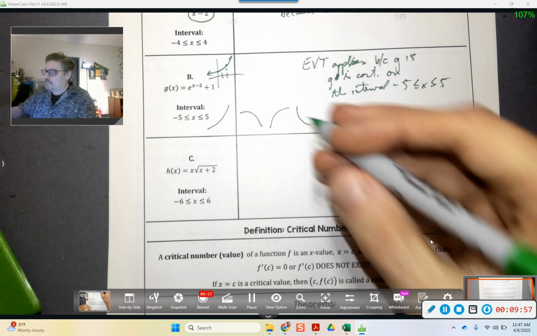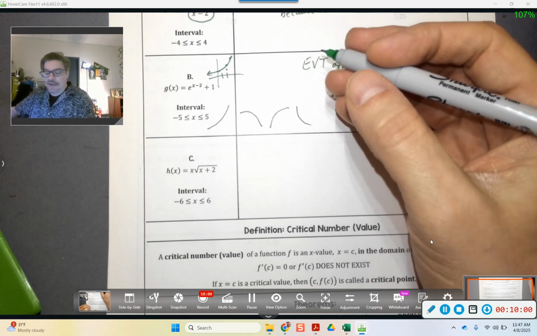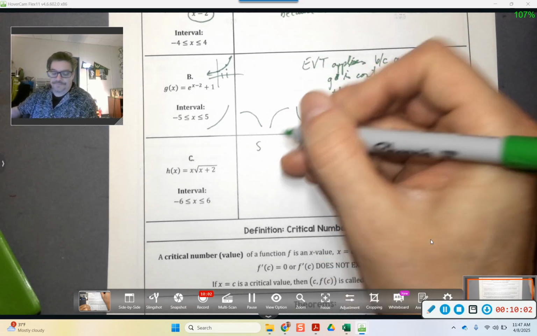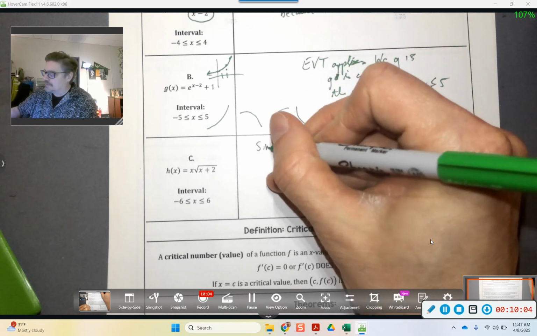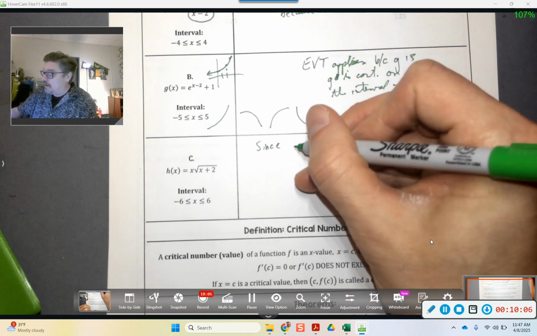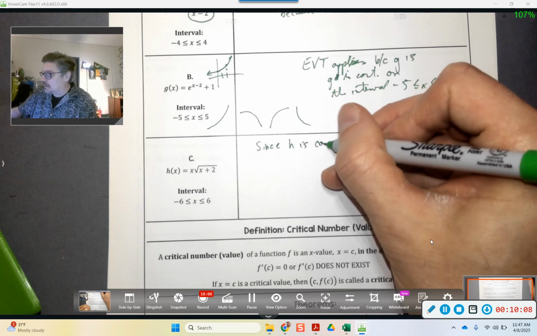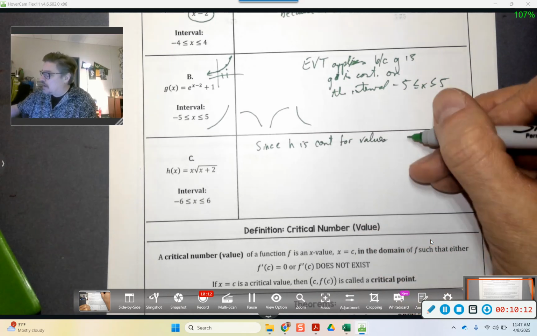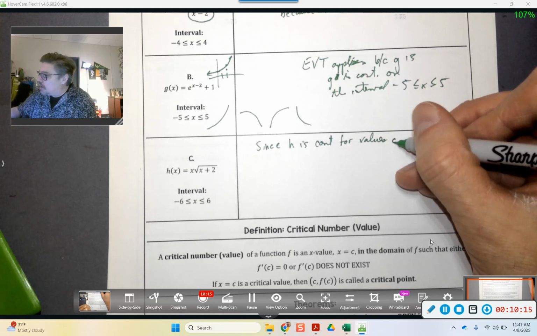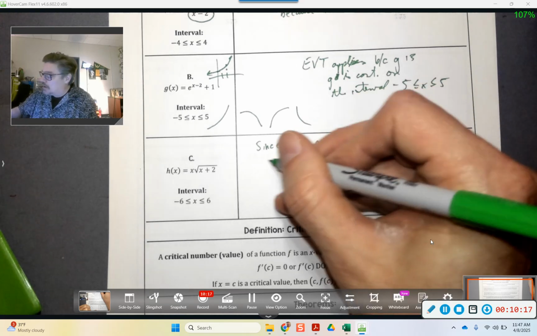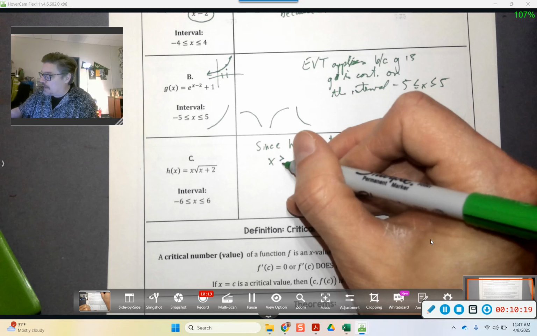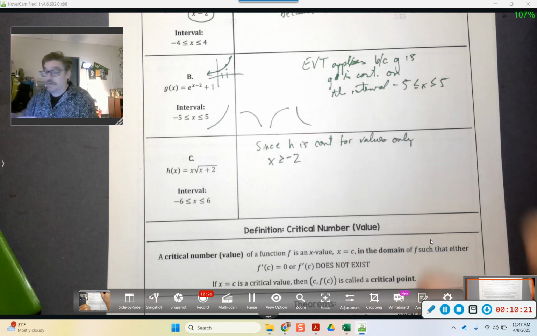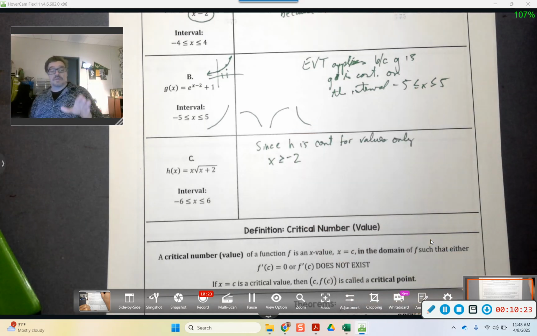So what we would say, here's another way to look at it: since h is continuous for values only x greater than or equal to -2. -2 would give me a square root of 0, and that's okay.